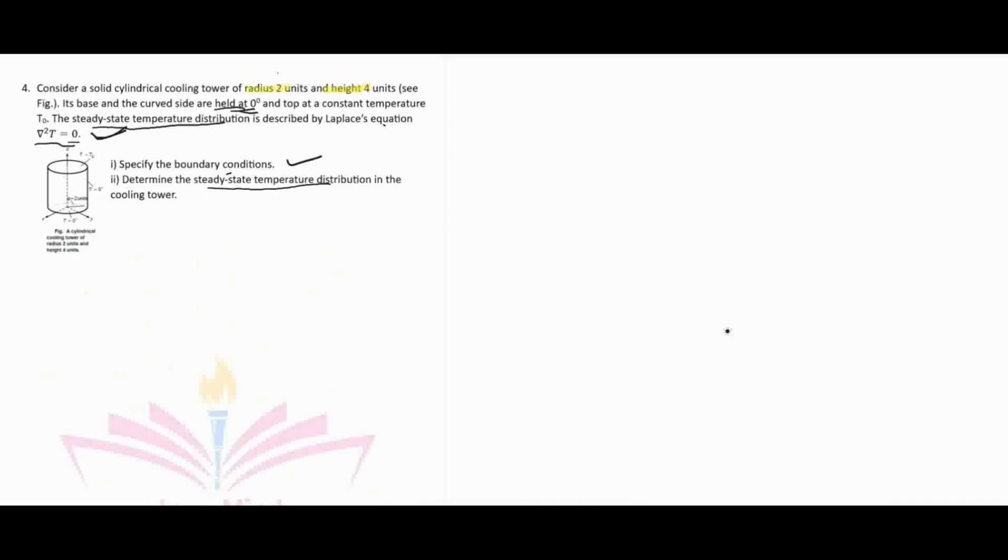So let us start with point number 1, boundary conditions. Boundary conditions means we have to find out what limitations we have while solving the problem. The question says the radius is 2 units, whereas the height is 4 units.